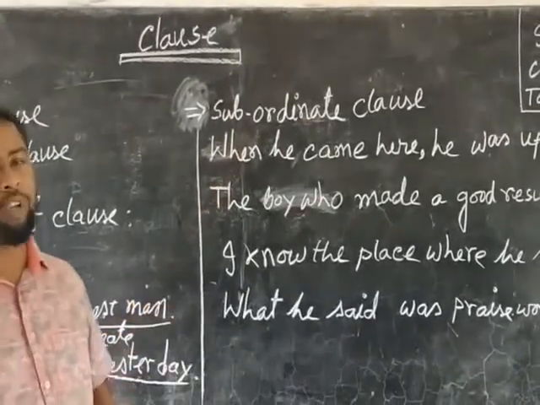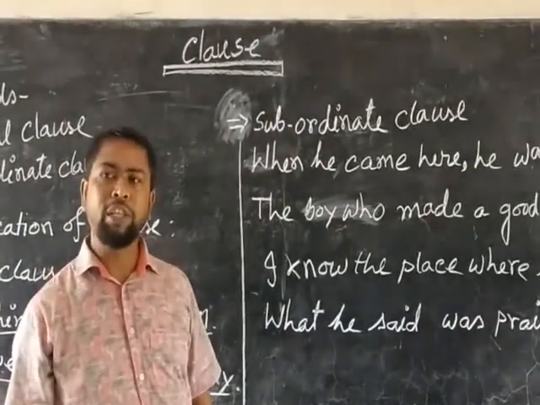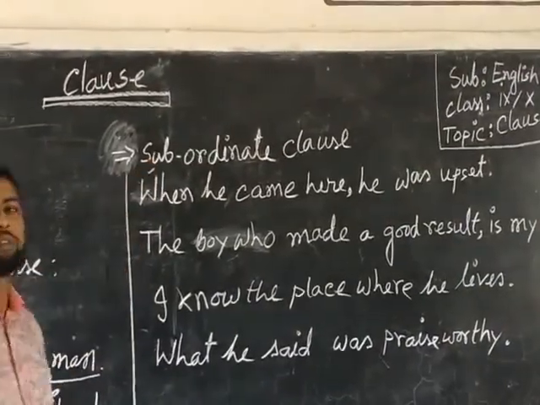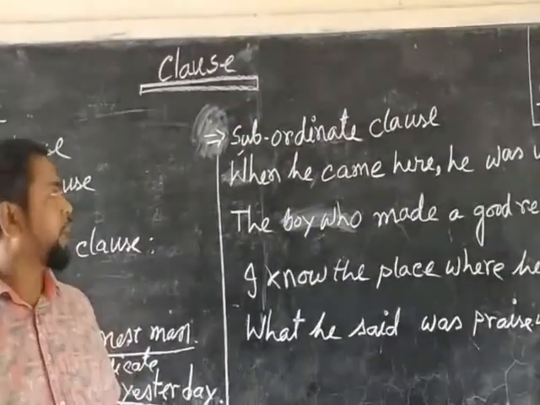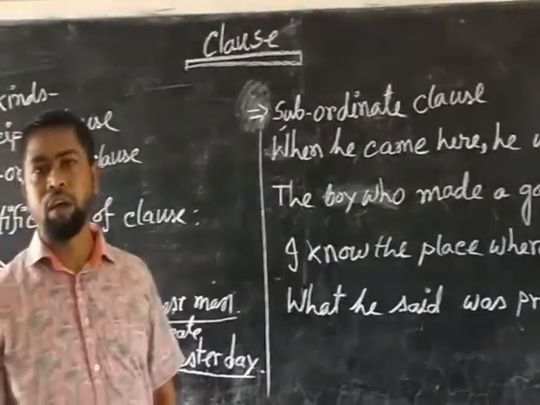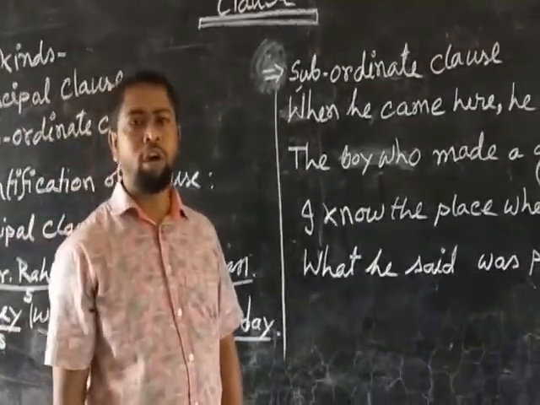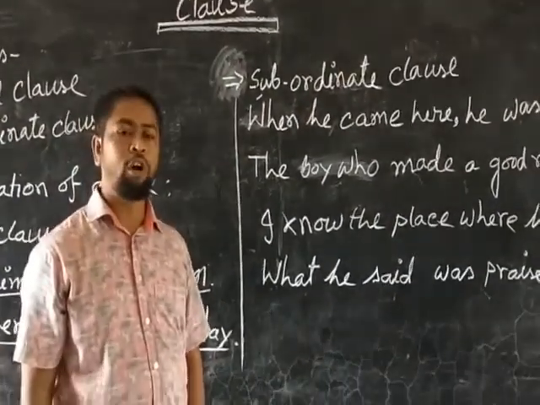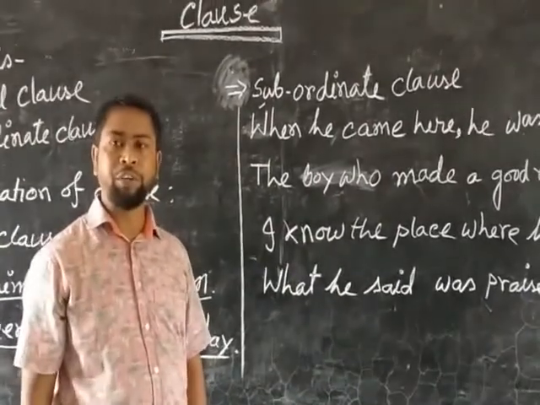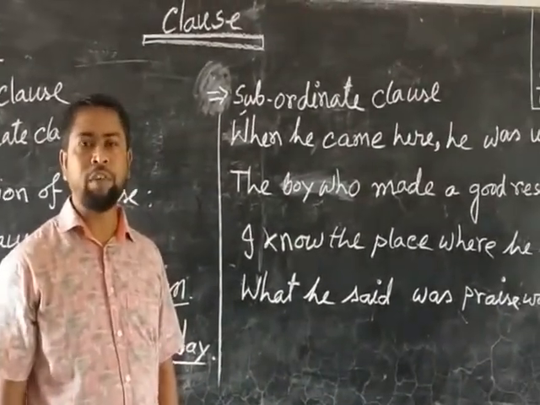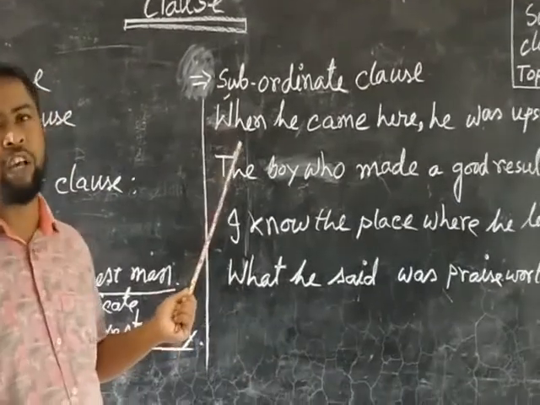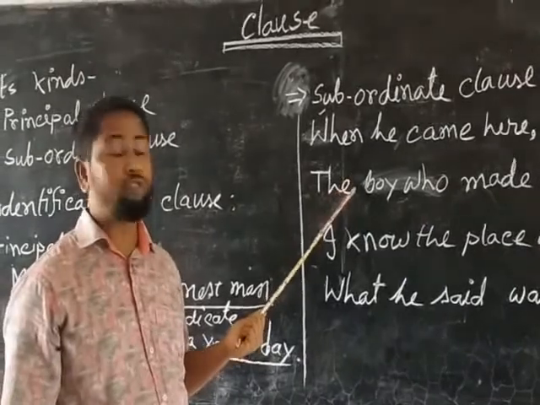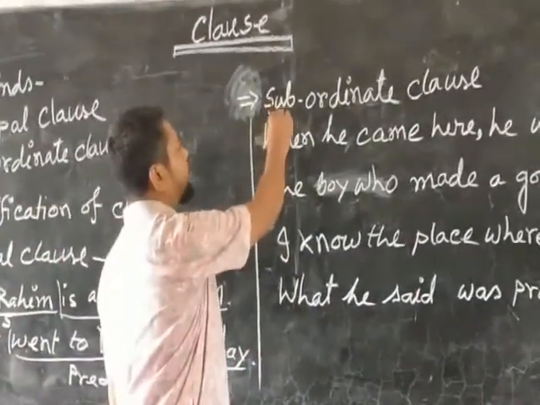A subordinate clause begins with a subordinating conjunction: when, where, how, why, who, whom, whose, what, that, if, unless. These are subordinating conjunctions.